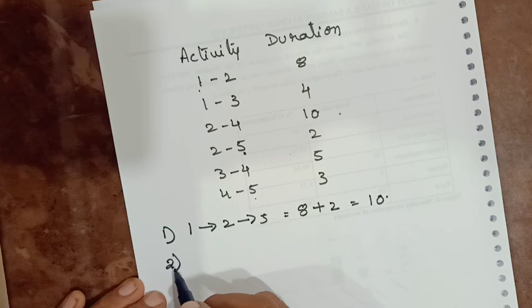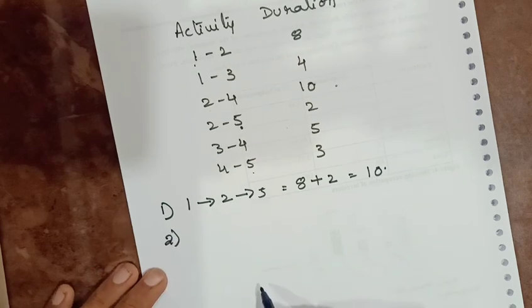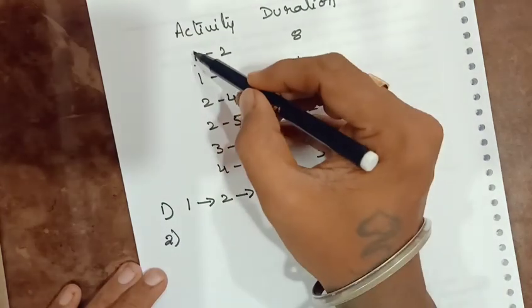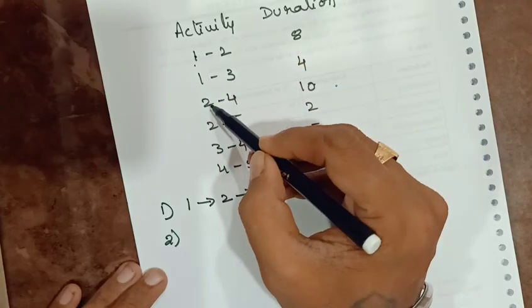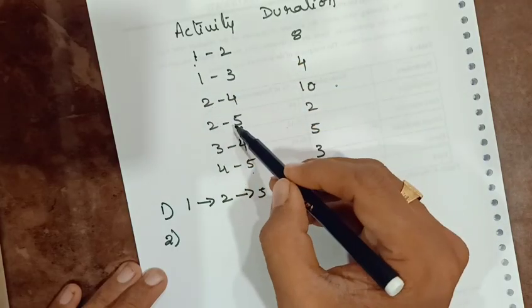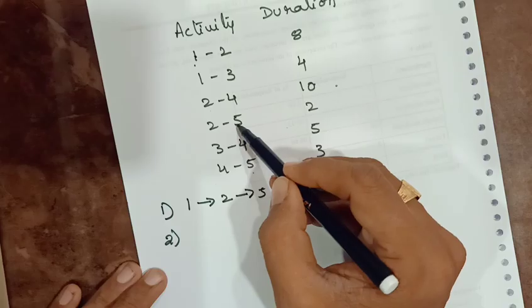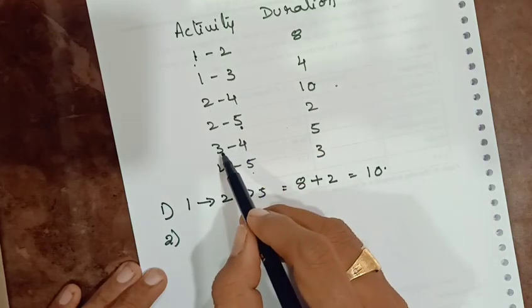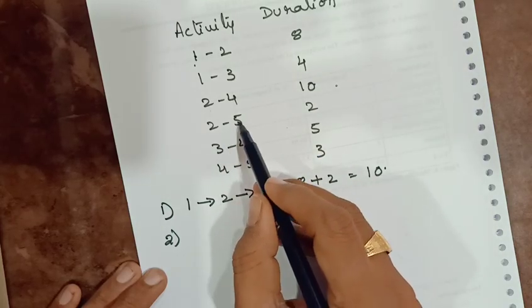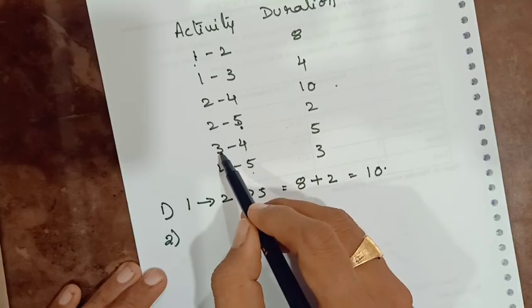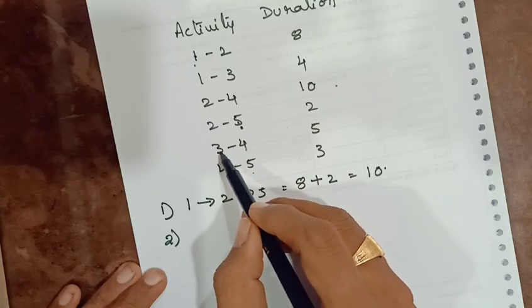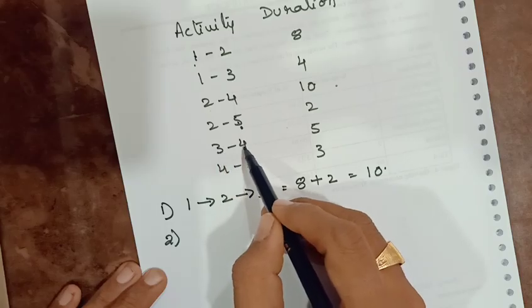Now the second path is also there. See 1 to 2, 2 to 5 is there, but the ending is the fifth one. But here, after the fifth activity, the third activity has started, and after the third activity the fourth activity started.